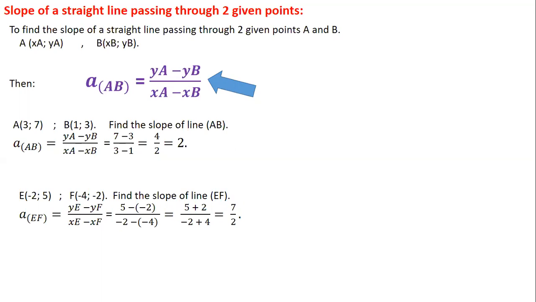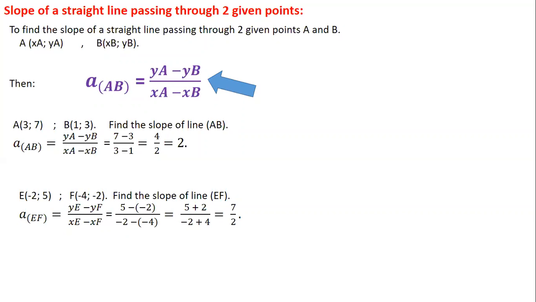Slope of straight line AB equals YA minus YB over XA minus XB.